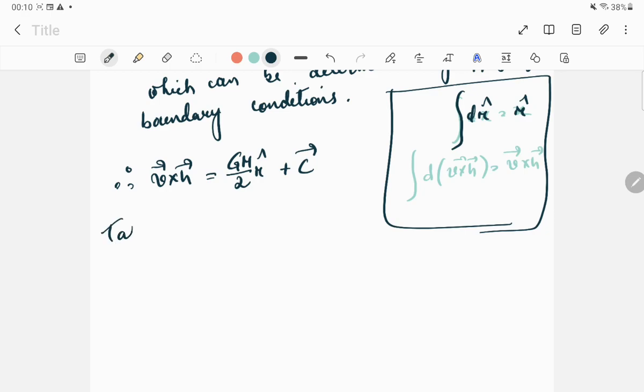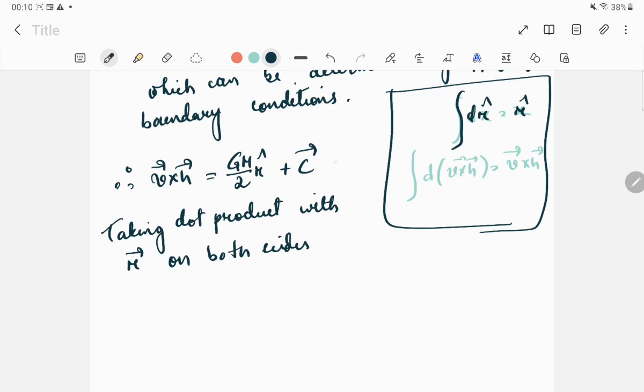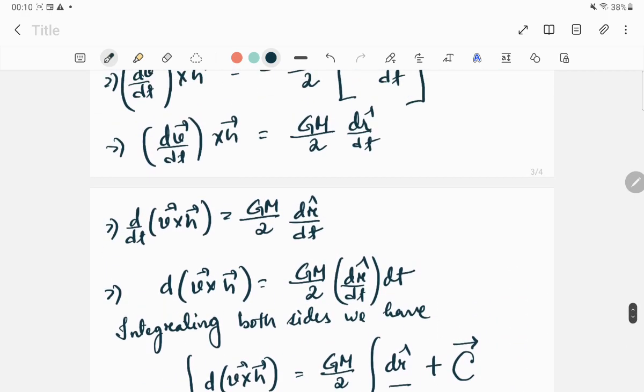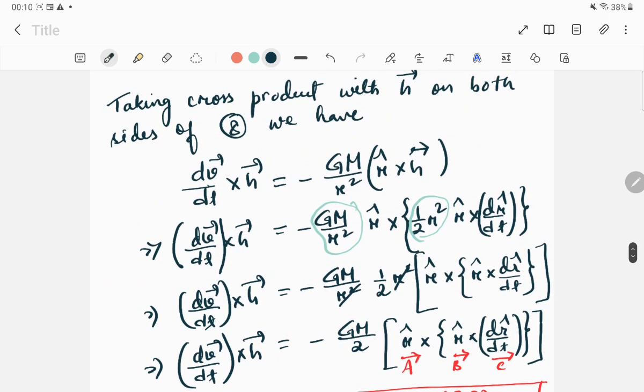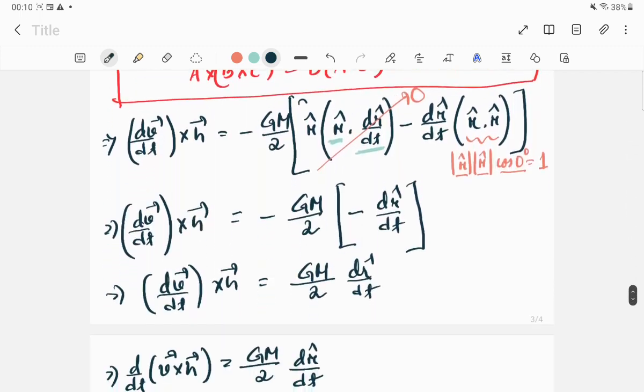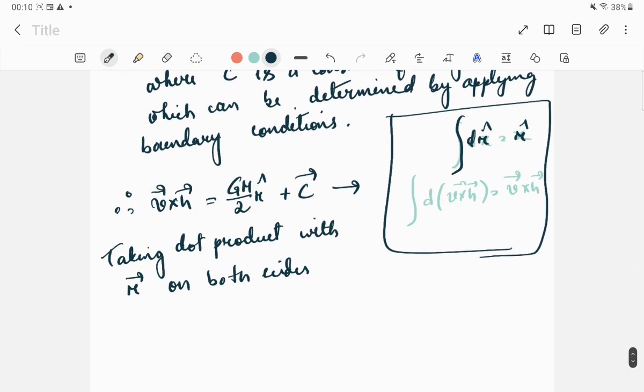Now taking the dot product with r vector on both sides. Let it be our equation number. Let me check what was the last equation number we used. 8. So this will be our equation number 9.